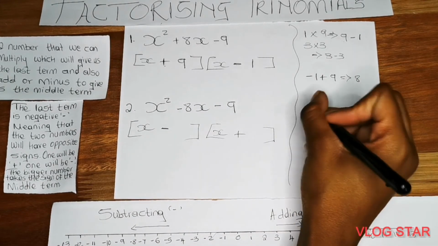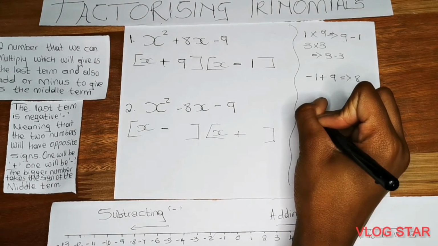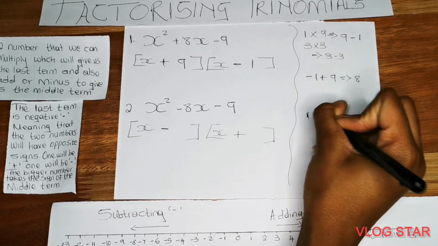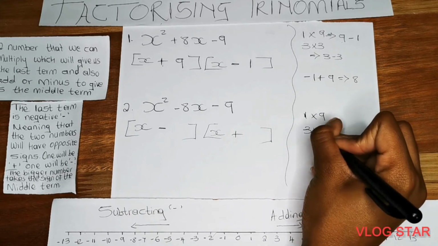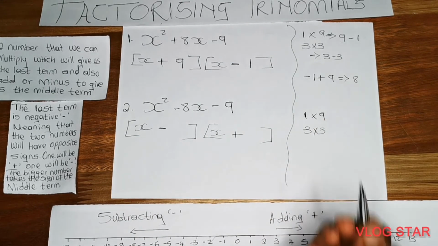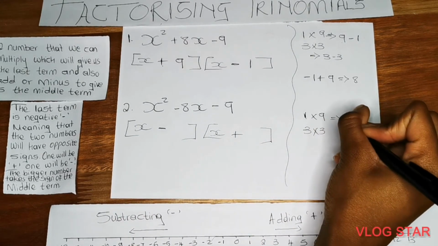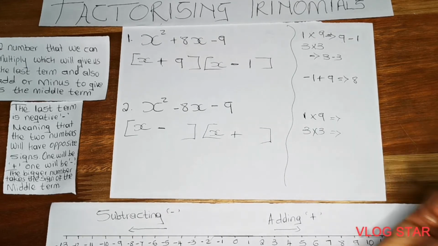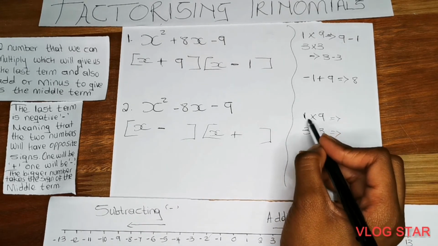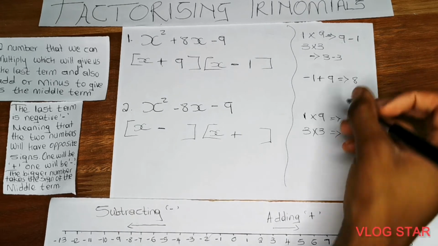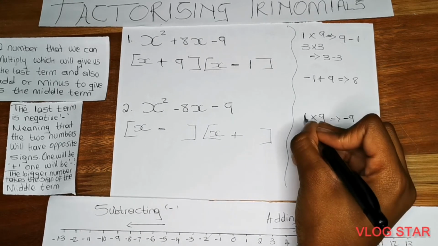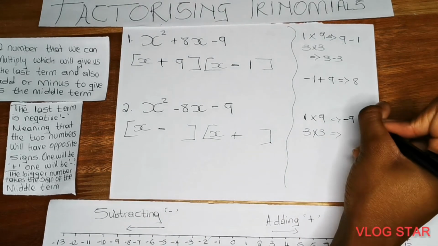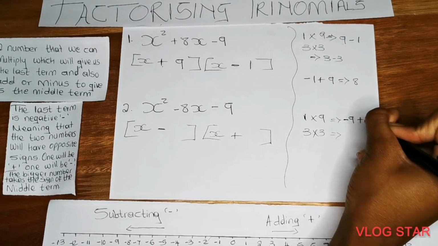So we're going to check multiples. Numbers that can multiply to 9 are 1 times 9 and 3 times 3. So we're going to check which is the bigger number here. The bigger number is 9, meaning that 9 is going to have a negative sign, and then 1 is going to have the opposite, which is positive.